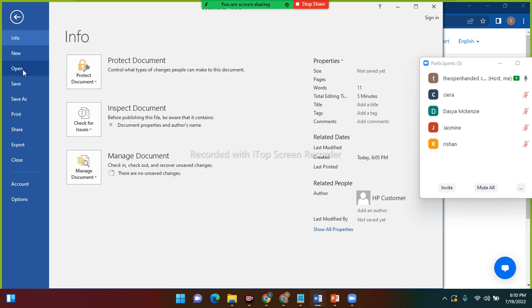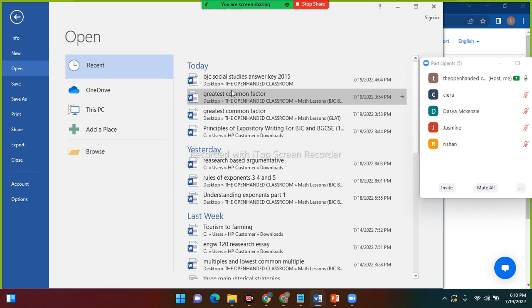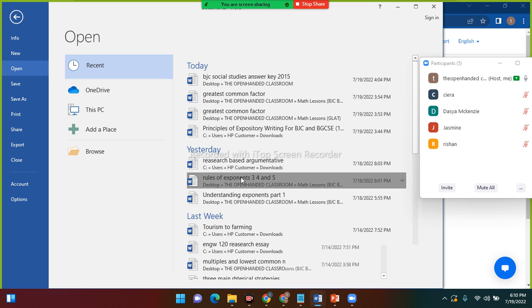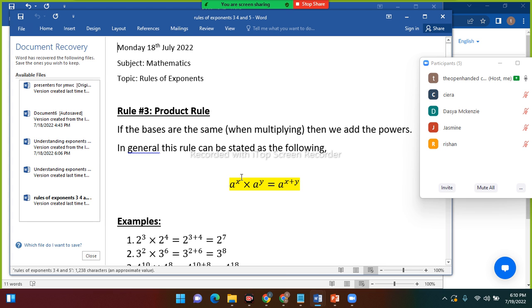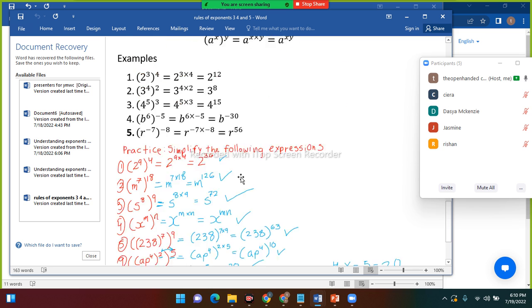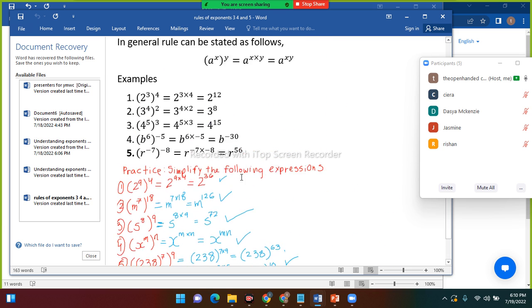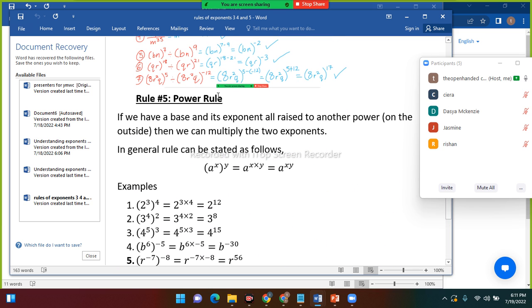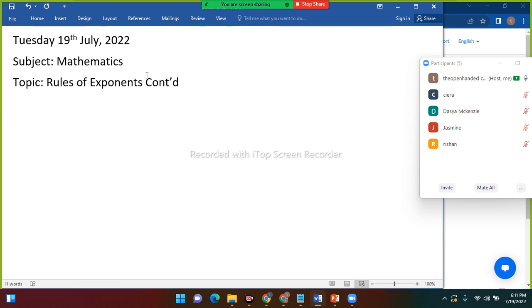It basically says that once you have 2 exponents, one on the inside, one on the outside, you can multiply them. That was the power rule, rule number 5 yesterday. So we're gonna continue on with rule number 6.